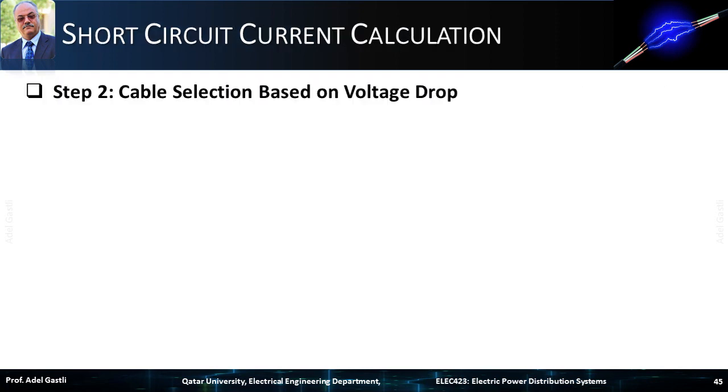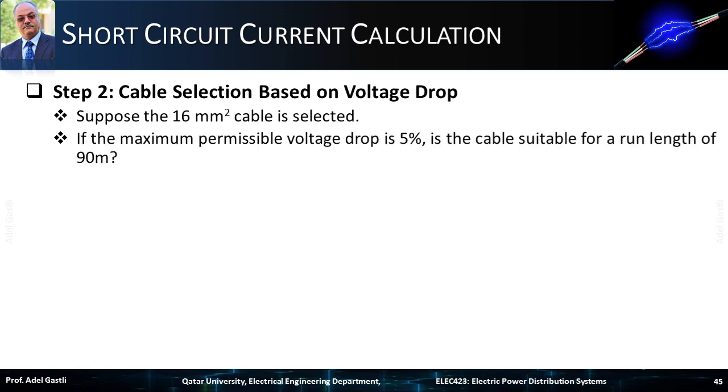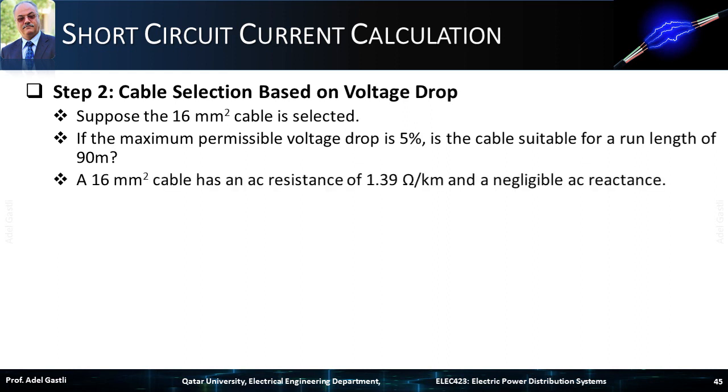In step 2, cable selection is checked based on voltage drop calculation. Suppose the 16 mm² cable is selected. If the maximum permissible voltage drop is 5%, is the cable suitable for a run length of 90 meters? A 16 mm² cable has an AC resistance of 1.39 ohms per kilometer, and a negligible AC reactance.